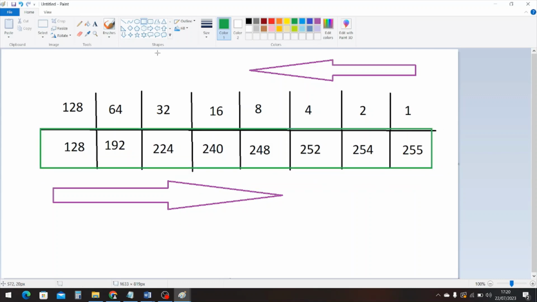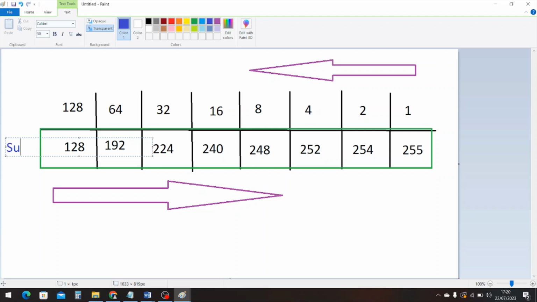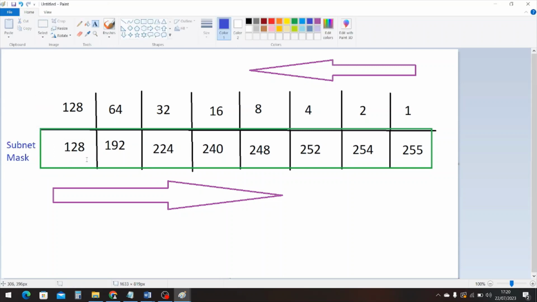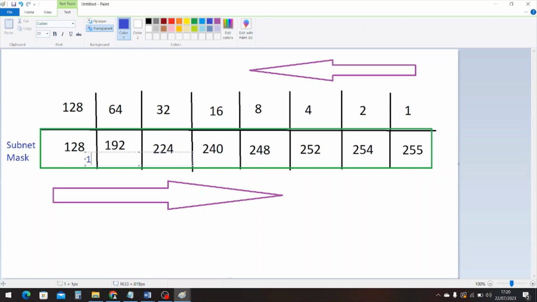This is the part that's associated with the subnet mask. This is the first one.